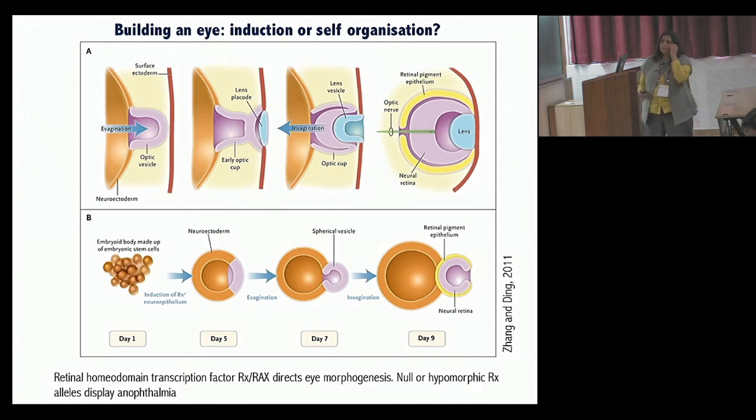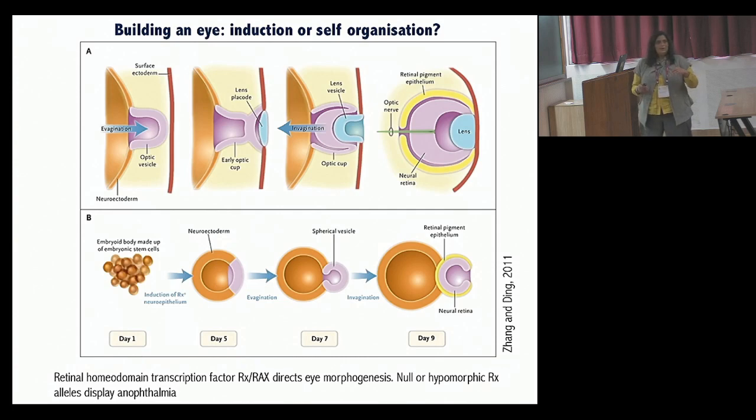And the reason I want to ask this question is because it allows me to talk about morphogenesis in a dish. And I would say one of the best examples to date of being able to create a complex structure in a dish is the making of an eye in a dish.